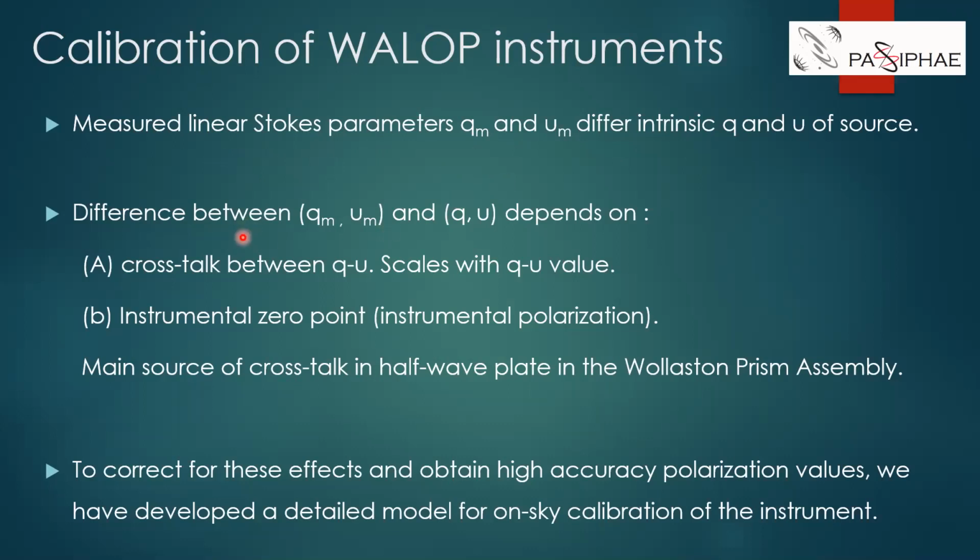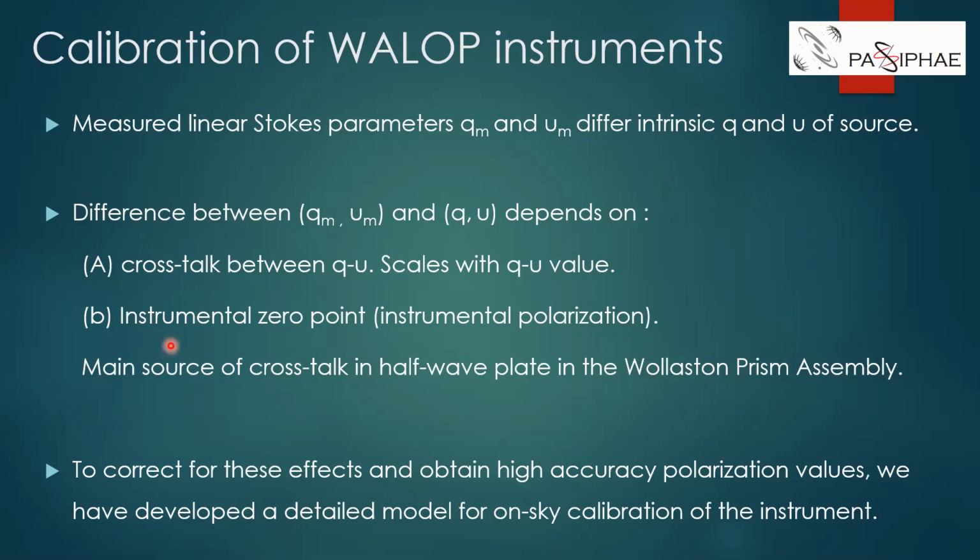And in general, the difference between the measured Stokes parameters, QM and UM, and the actual or intrinsic Q and U parameters depends on two main effects. One is the crosstalk between the Q and U, which is basically the leaking of Q value into U value and vice versa. And second is the instrumental 0 point.